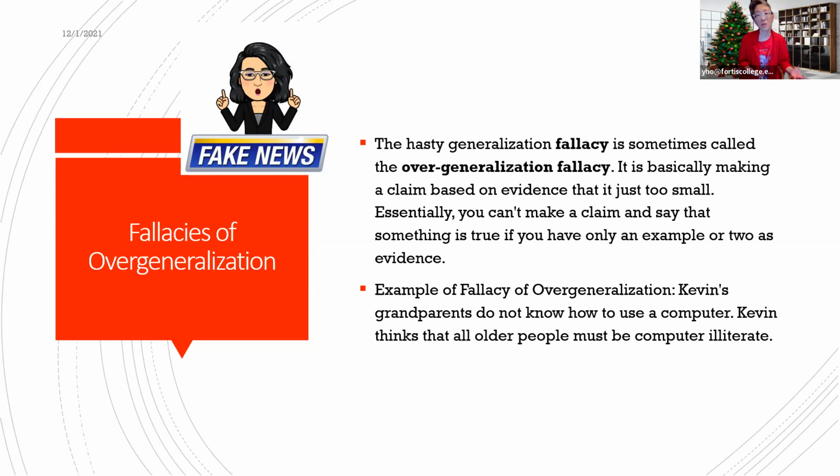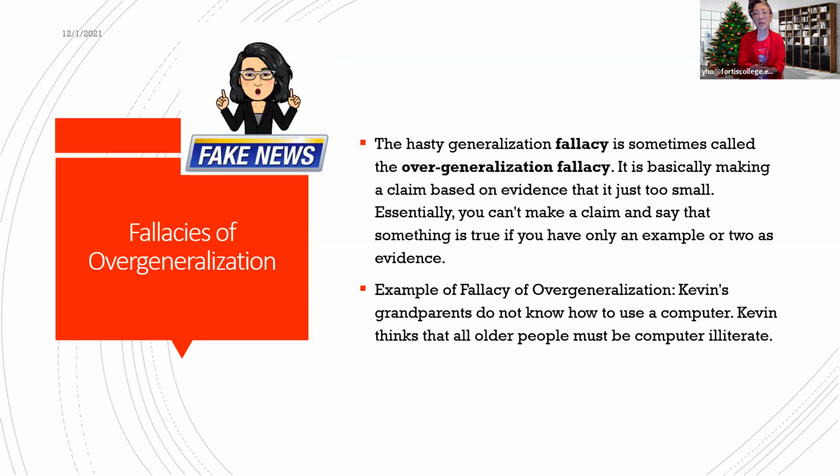When you think a certain race is all violent, or a certain race is inferior, or a certain race is just not smart, okay? And you overgeneralize based on one or two people, okay? That's also known as fallacies of overgeneralization. A lot of racism comes from hasty generalization fallacy, overgeneralization fallacy, and fallacies of presumption.